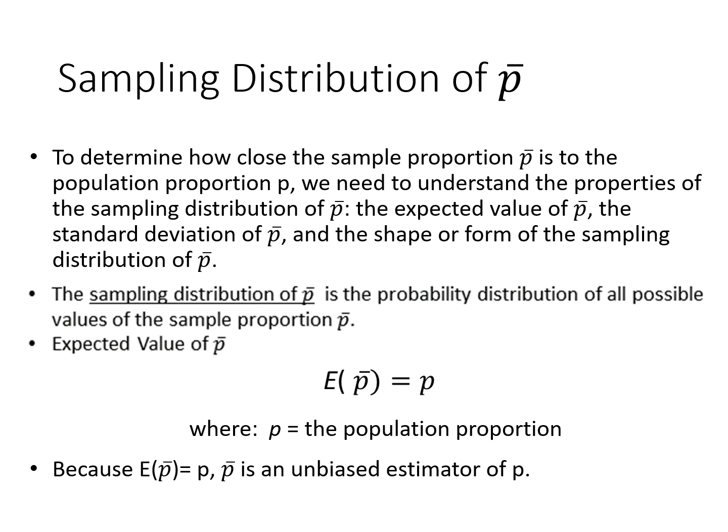The expected value of p-bar is equal to the population proportion P. Because the expectation of p-bar equals the population proportion, the sample result can truly reflect the reality of the population. So p-bar is an unbiased estimator of P.